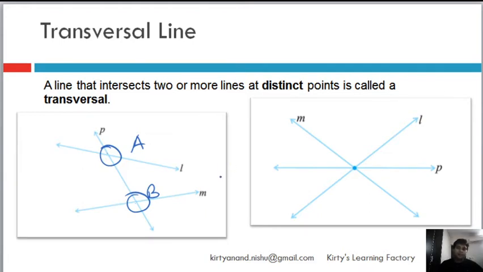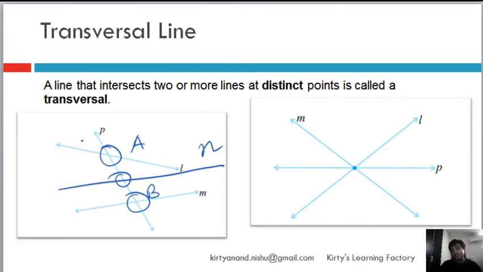Now let's look at the definition. A transversal line, which here as per the diagram is P, has to intersect two or more lines. So here there are two lines. There could be more also. We can draw one more, like L, M, N. Two or more lines at distinct points.